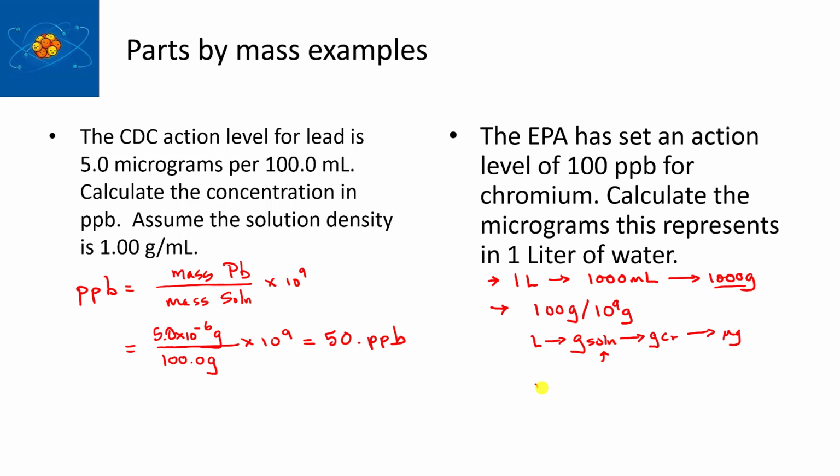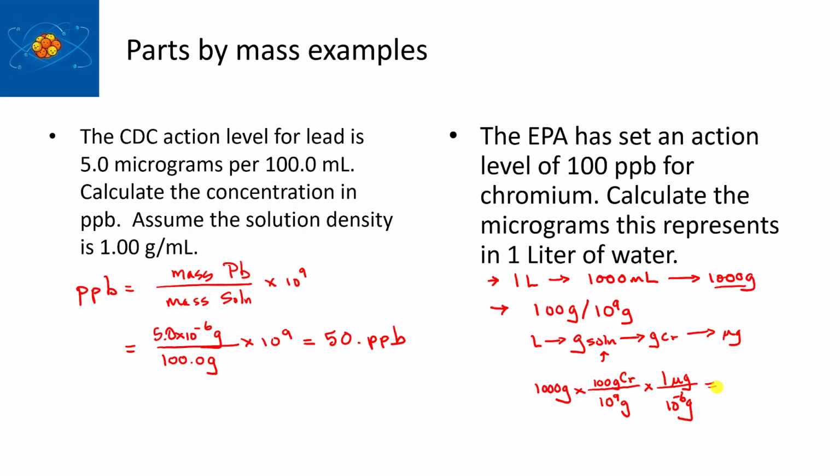So I have 1,000 grams of solution, and then it's 100 grams of chromium for every 10 to the ninth grams of solution. And then I know that 1 microgram is 10 to the minus 6 grams, like that.